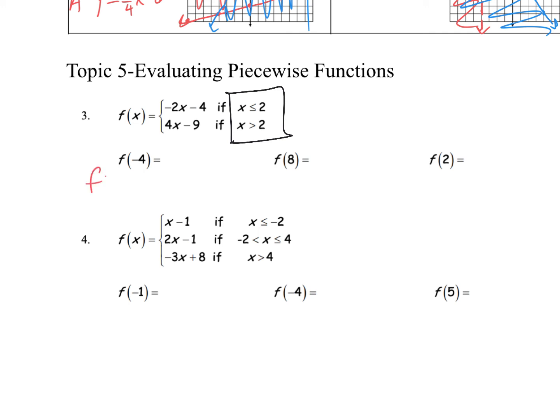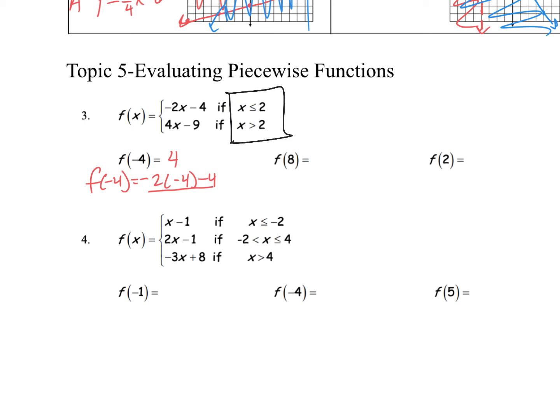So f of -4 equals -2 times -4 minus 4. And -2 times -4, and remember, you can just type that in your calculator, is +8. 8 minus 4 is 4.